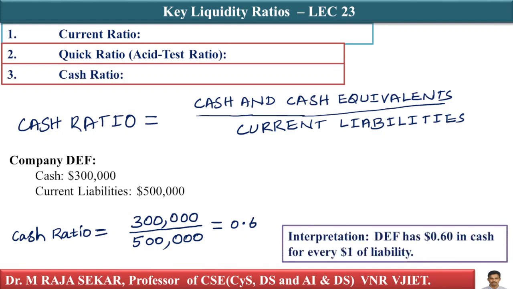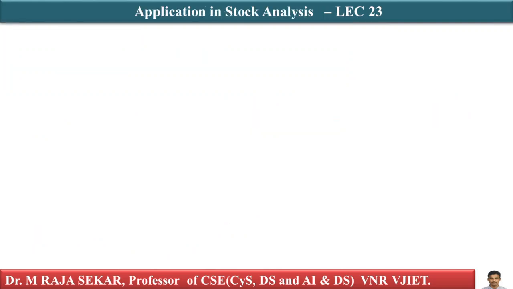This DEF company has $0.6 in cash for every $1 of liability. I am just assuming some numbers and explaining. These are simple, elementary calculations. Anybody can understand these calculations.